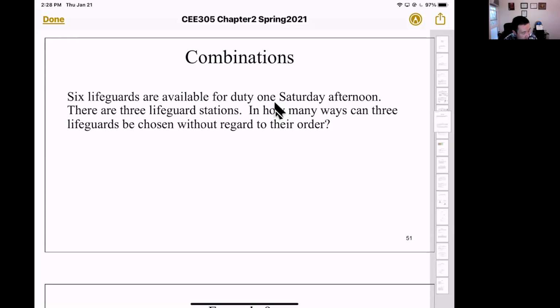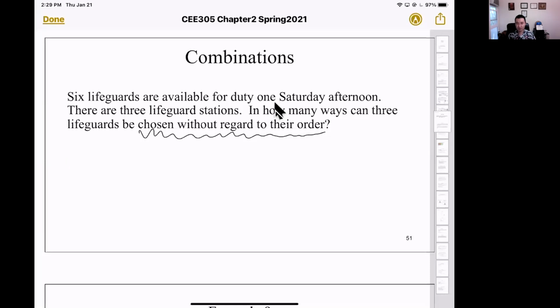Six lifeguards are available for duty on Sunday afternoon. There are 3 lifeguard stations. In how many ways can 3 lifeguards be chosen without regard to their order? This question tells us not to consider the order. When the order is not considered, are we going to use permutation or combination? Combination, right? Remember, without order, combination.